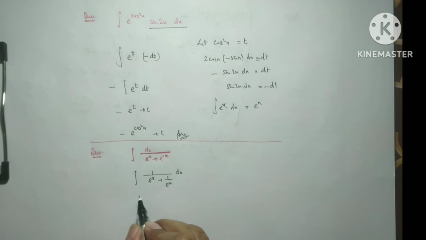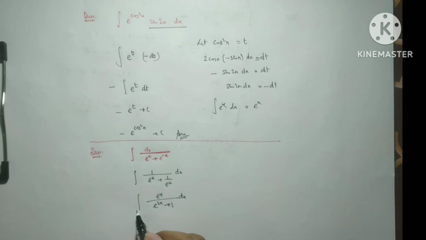Now this becomes, on taking LCM, e to the power x over e raised to the 2x plus 1. So this is an e to the power x expression. So let e to the power x as t. Now on differentiation we get e to the power x dx is dt.